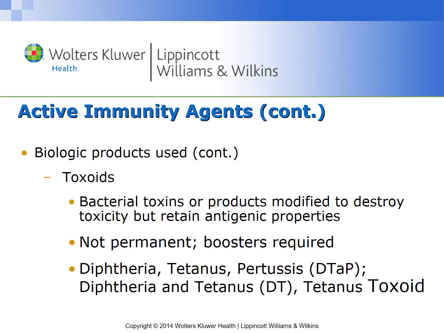And then we have our toxoids. Those are bacterial toxins made to destroy toxicity but retain the antigenic properties. Some of these are made with other components to help keep those antigen properties going, and it promotes better antibody formation and thus better protection. In your book it talks about those products like aluminum and calcium phosphate.